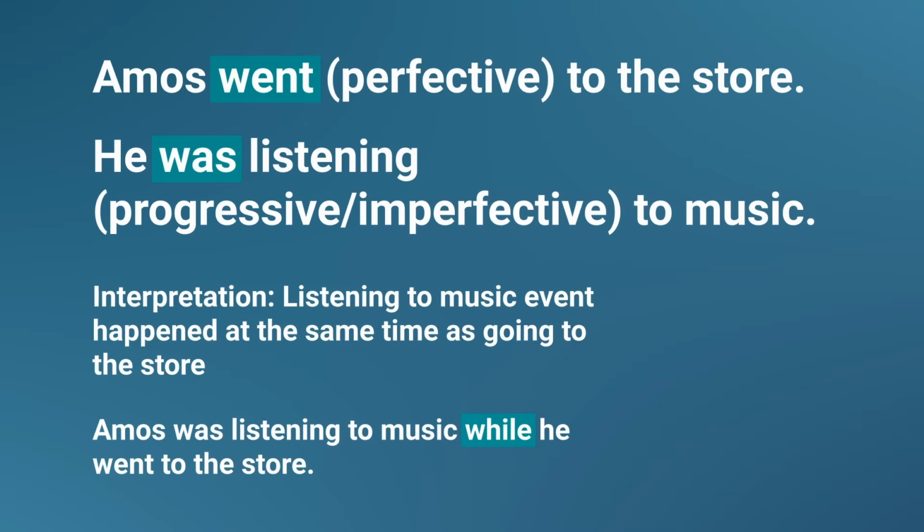We interpret the event of Amos listening to music as happening at the same time as the event of Amos going to the store. Since "Amos went to the store" normally includes the endpoint, and "Amos was listening to music" does not, we interpret the listening to music event as being part of the going to the store event.